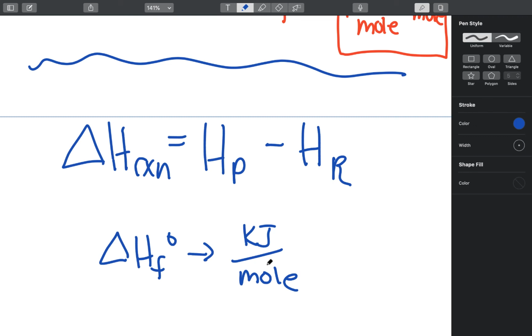So how can we just get a unit of energy out of this? Well, all we'd have to do is multiply the number of moles of a particular substance.